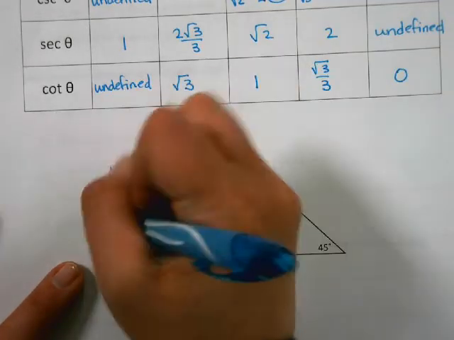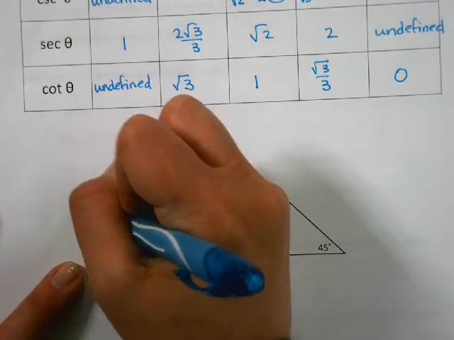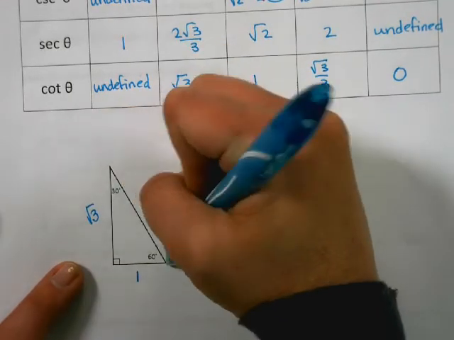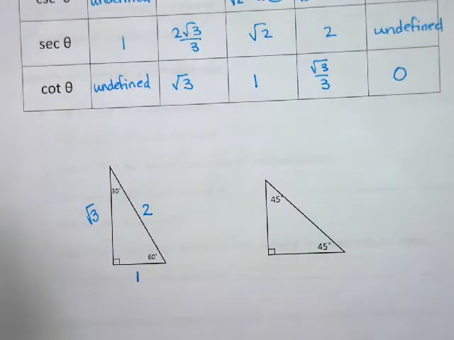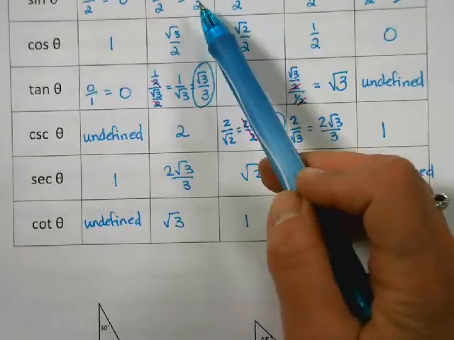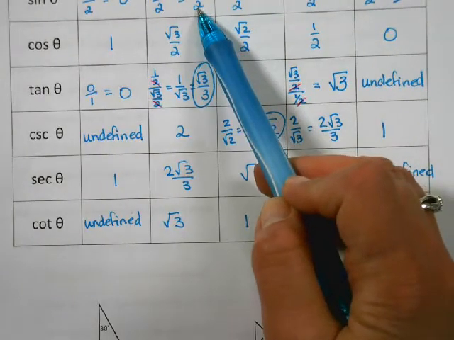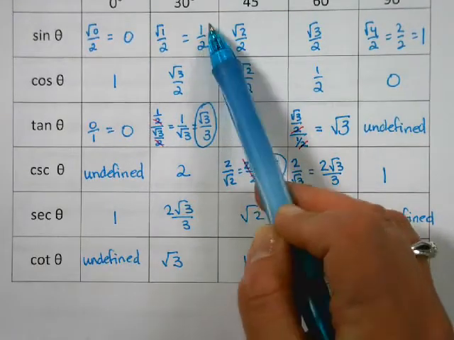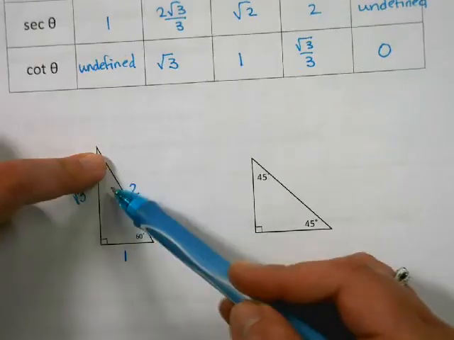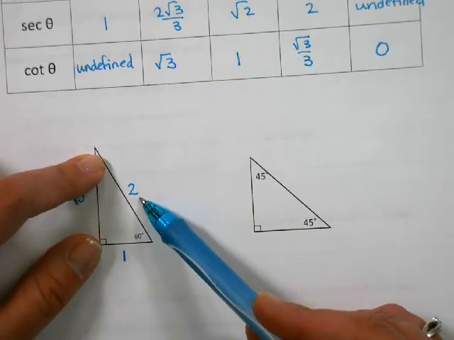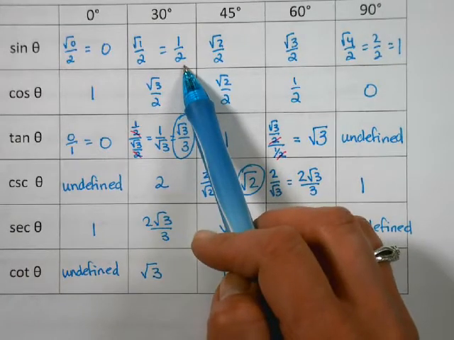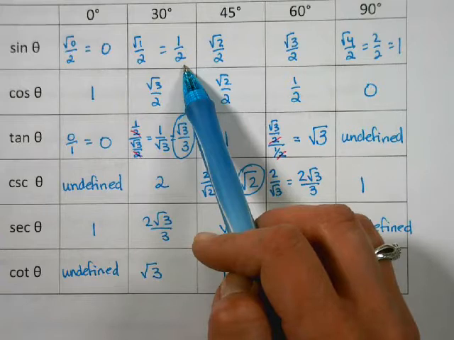Root 3, right? Or 1 root 3 if you like that. So then what would my hypotenuse be? 2. So if you get stuck, you could say, okay, the sine of 30 degrees would be opposite over hypotenuse. Okay, so if I sit here at 30 degrees, opposite over hypotenuse is 1/2. Is that what we put in our chart? Yeah. You see what I'm saying? So it helps you if you get stuck.